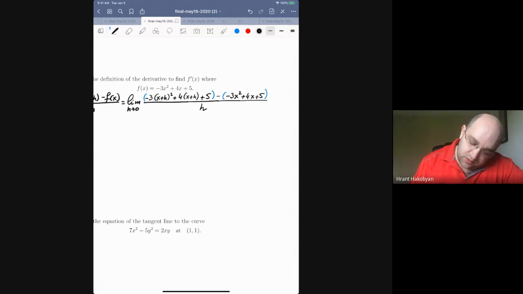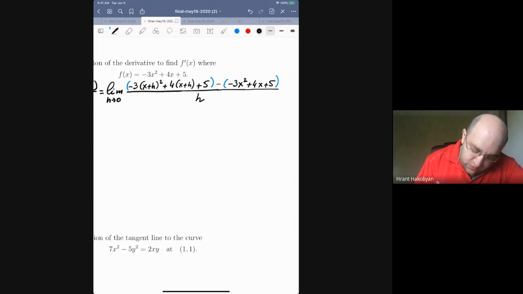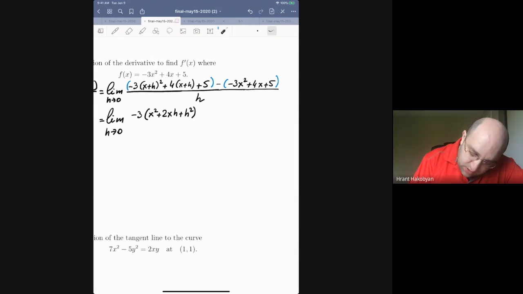Okay, if I simplify this, it's going to be equal to the limit as h goes to 0 of negative 3 times x squared plus 2xh plus h squared. That's just this part here: x plus h squared is x squared plus 2xh plus h squared.